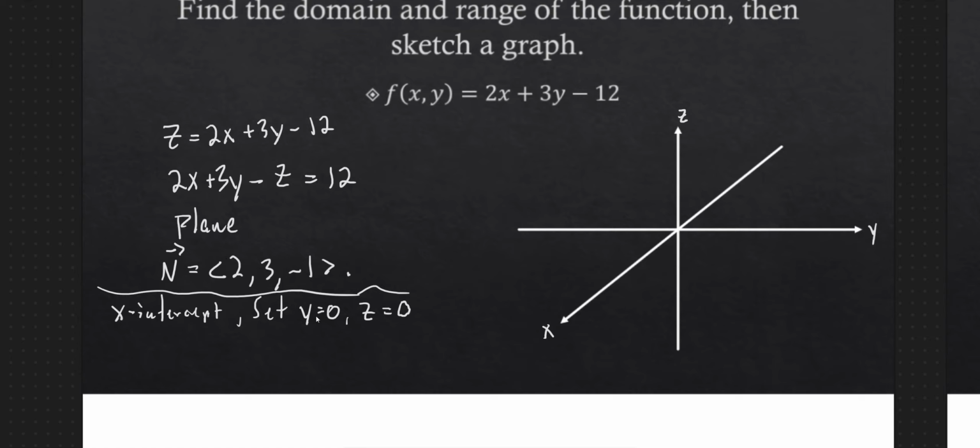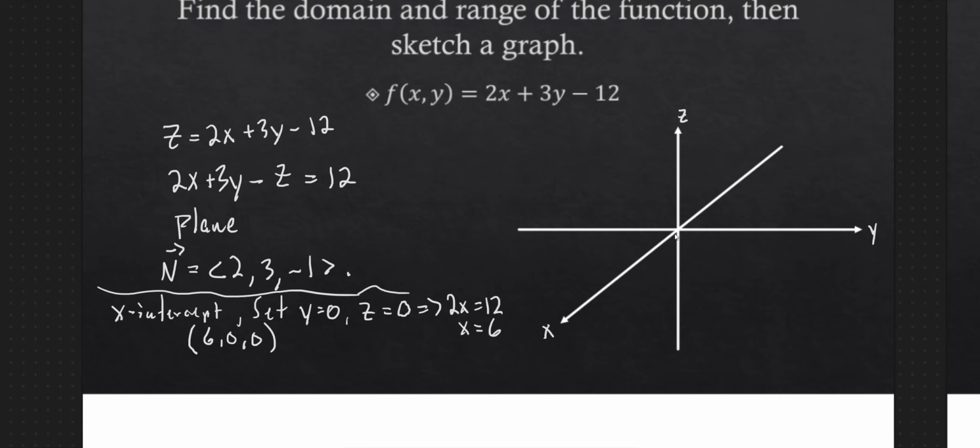So the x-intercept: set y equal to 0, set z equal to 0. So what does that give me? That's 3 times 0 minus 0. I get 2x. So this tells me then that 2x is equal to 12. That gives me x is equal to 6. And so my x-intercept is the point 6, 0, 0. So I'm going to go ahead and mark that on my axes.